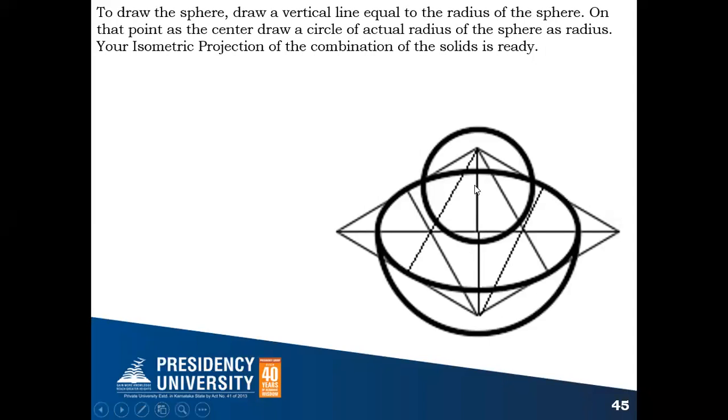So after getting the height, with this as the center, you take the actual radius of your sphere and draw the circle like this. If you do this, this completes the combination of your solids, wherein the sphere is placed exactly at the center above the hemisphere.